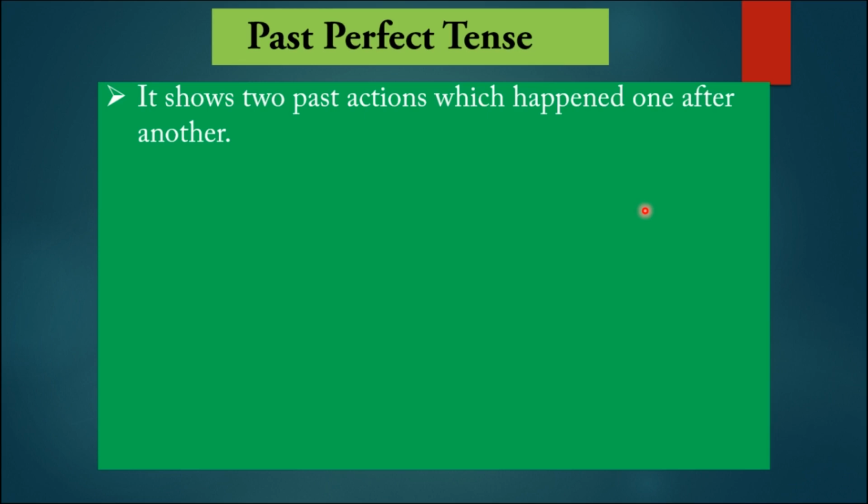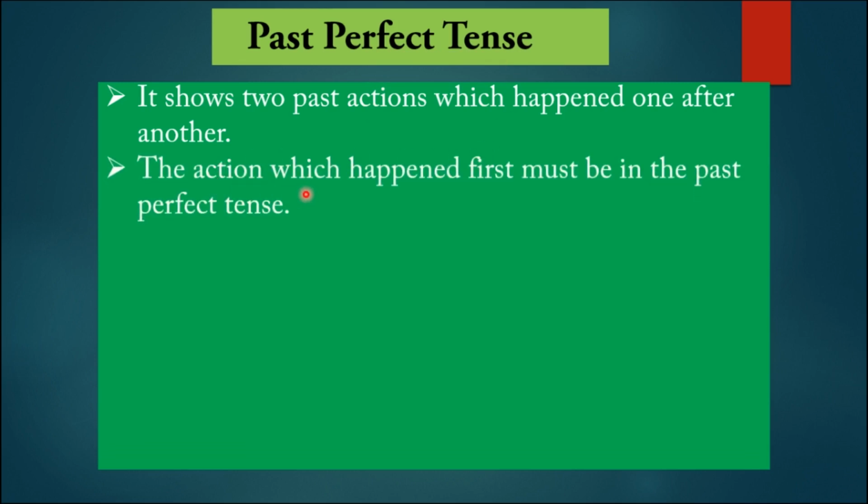But in this tense, we can express two past actions which happened one after another. It is very important, children. In the past, if two actions happened one after another immediately, then we should use past perfect tense to express one of the past actions between the two. Let us look in detail.